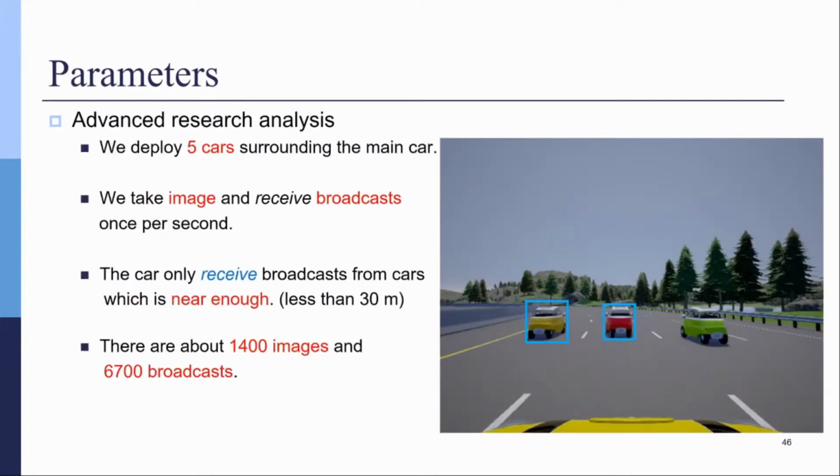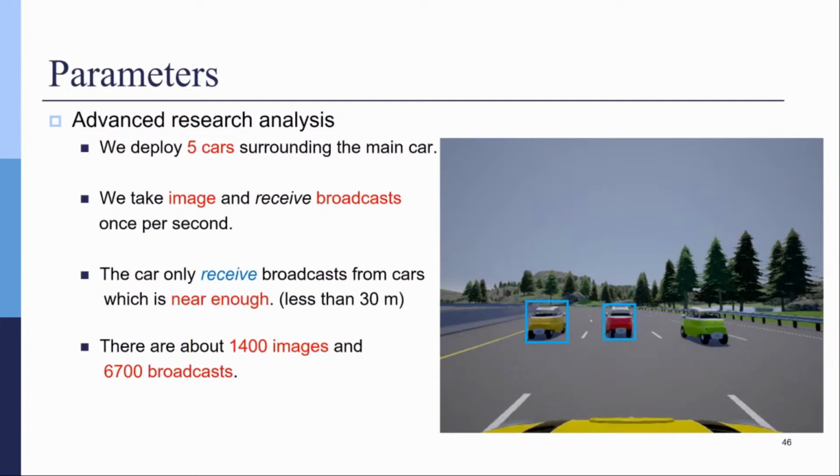Okay, so how about the accuracy? Here is the setting of our experiment. We deploy 5 cars surrounding the main car. We take images and receive broadcast packets once per second.